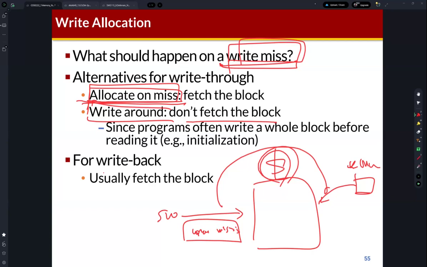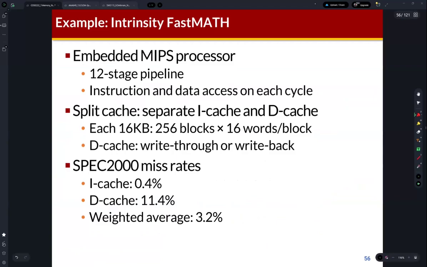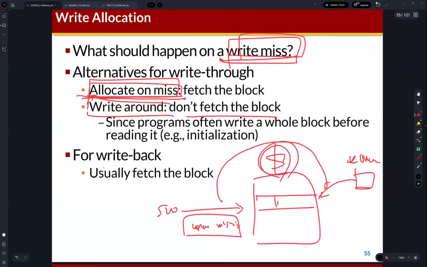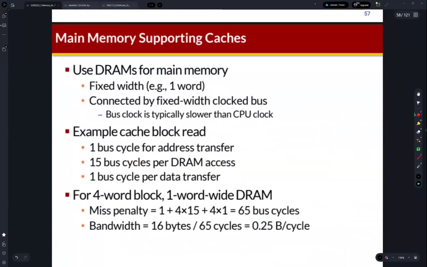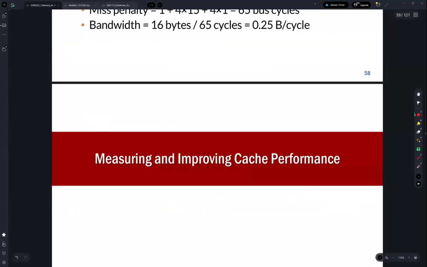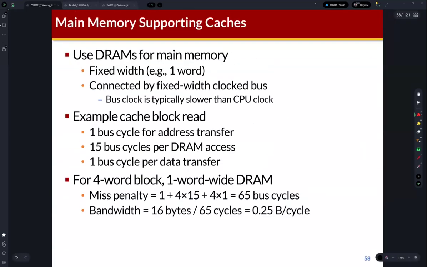So for the write miss case, the entire cache block is allocated to the cache first, and then this block is updated. Okay, this is the write miss case. You can see the example of a cache. Then we can consider some miss penalty.